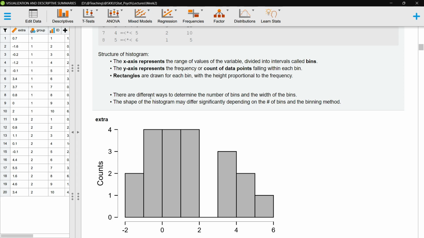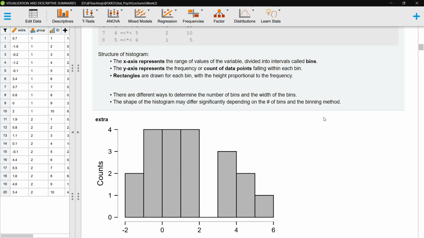Okay, and there are different ways to determine the number of bins and the width of the bins. If we have a different number or width of bins, the shape of the distribution and the height of the rectangles are different. Because of this, the shape of the histogram may differ significantly depending on the number of bins and the binning method.